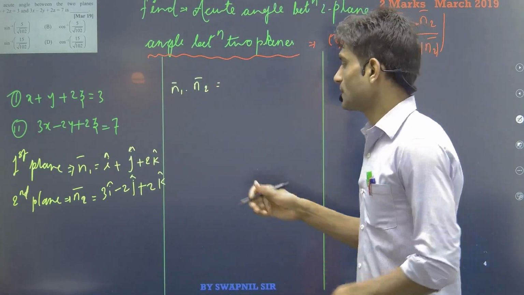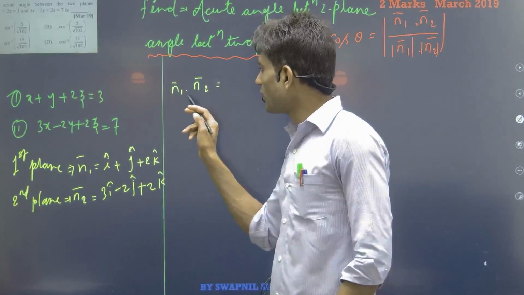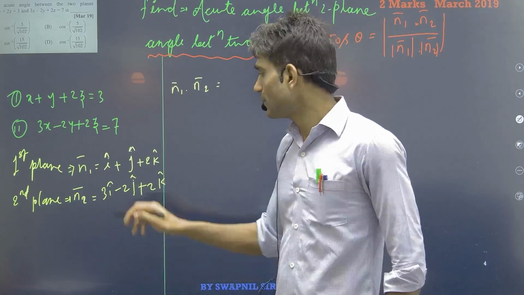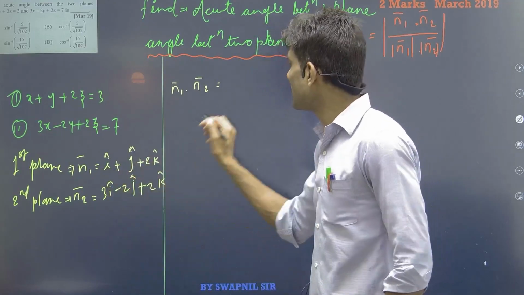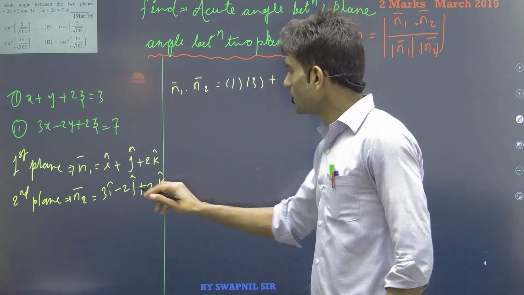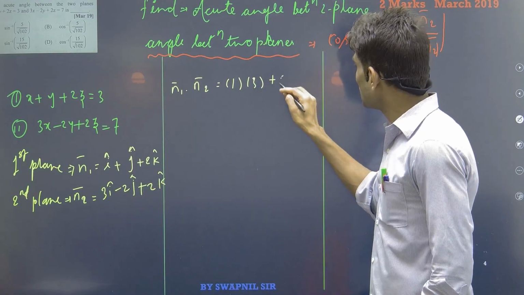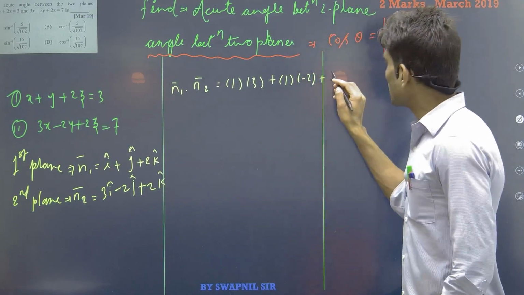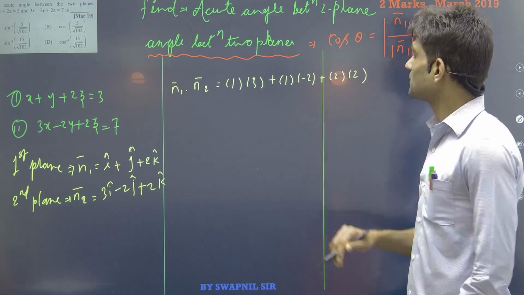So for n1 bar dot n2 bar, the coefficient of i cap multiplied by the coefficient of i cap, so 1 multiplied by 3, plus 1 multiplied by minus 2, plus 2 multiplied by 2.